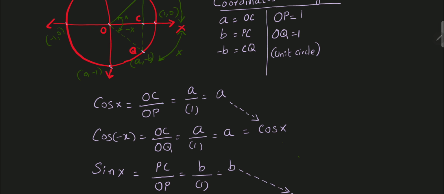Cos of x is equal to adjacent side by hypotenuse, which is a by 1 equal to a, whereas cos of minus x is again equal to adjacent side by hypotenuse, which is again a by 1 equal to a. So cos of minus x is equal to cos x.